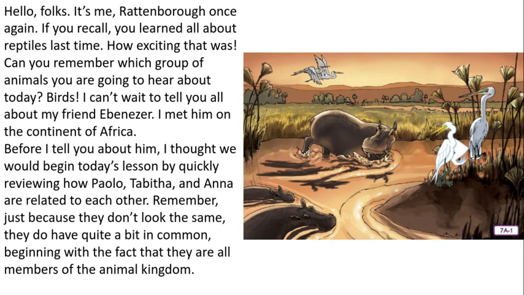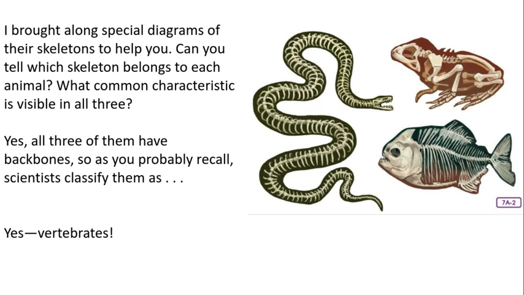Before I tell you about him, I thought we would begin today's lesson by quickly reviewing how Polo, Tabitha, and Anna are related to each other. Remember, just because they don't look the same, they do have quite a bit in common, beginning with the fact they are all members of the animal kingdom.